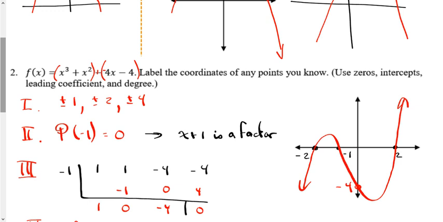So it kind of depends. This one, by grouping like this, I can pull out a common factor of x squared from the first two terms, and a negative 4 from the second two terms, and I get this bracketed part that's exactly the same. So there I can see my factor of x plus 1.